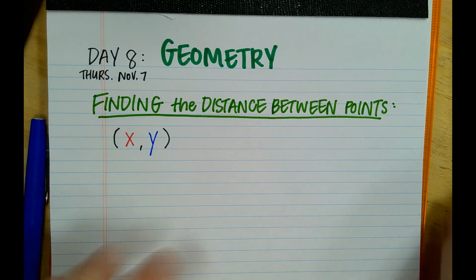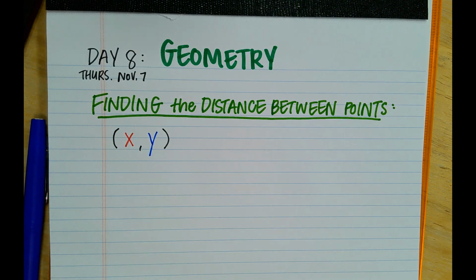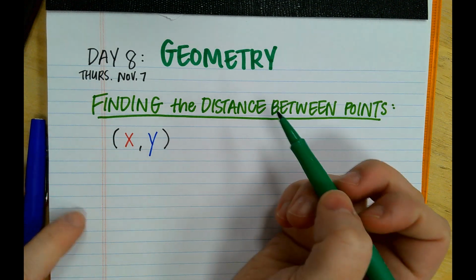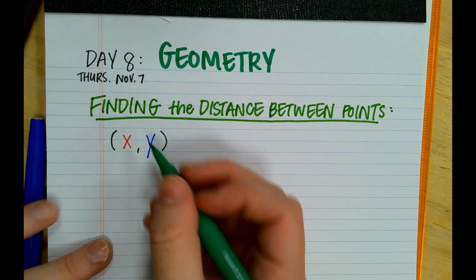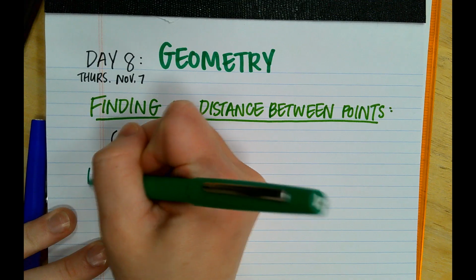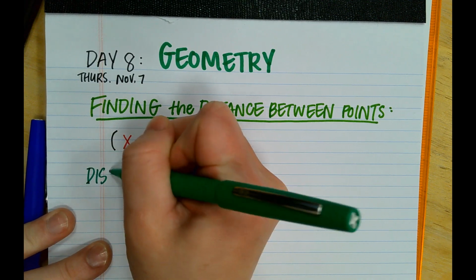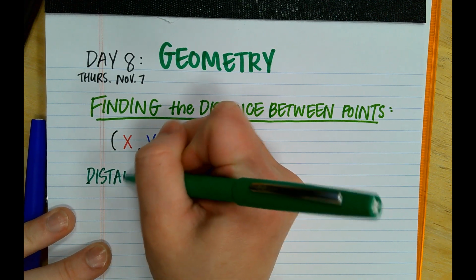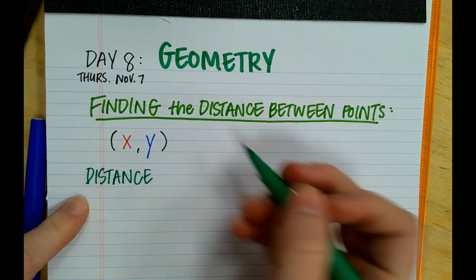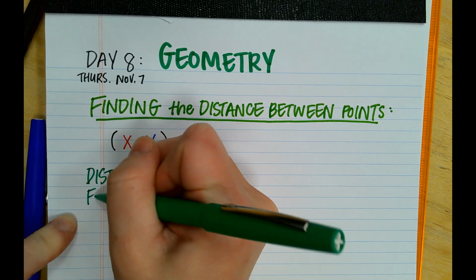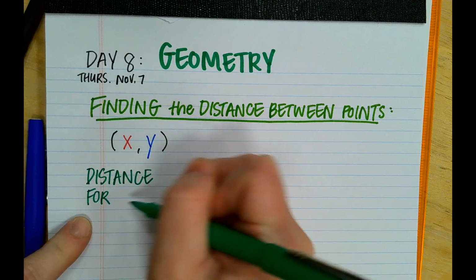So now I'm going to have you copy that distance formula down one more time. It might seem silly, but the more you write things, the better it sticks in your brain. That's one of the best ways to study, to just rewrite notes.